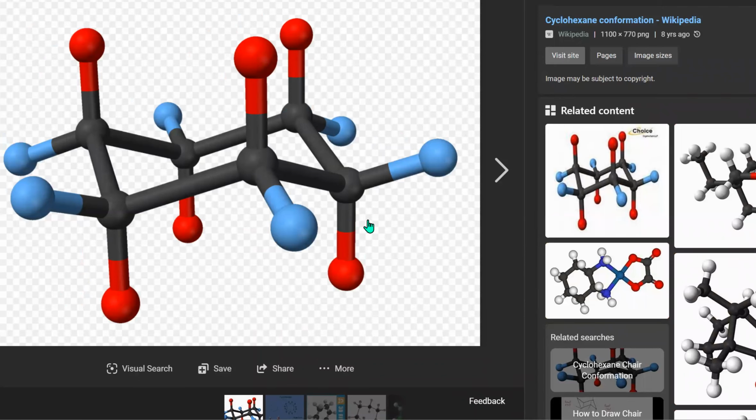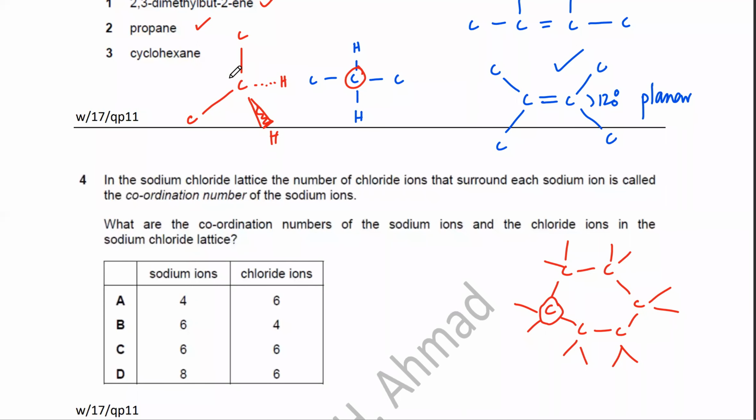So it's not planar, it's not flat. Planar means a completely flat molecule. The carbon atoms cannot exist in a completely flat arrangement because the tetrahedral shape is by default not planar. A simple tetrahedral could have two bonds that are planar, but if you've got so many tetrahedral structures connected to each other, then it would be impossible to keep all the carbon atoms in the same plane. Okay, is this point clear?